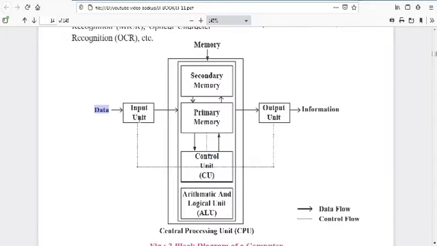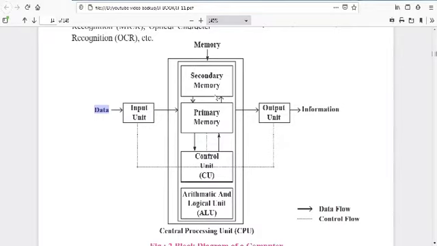These devices will take input from the user, that is data. This is raw information. This raw information will be provided through the input unit. This input unit includes keyboard, mouse, such devices, which will further provide to the CPU.